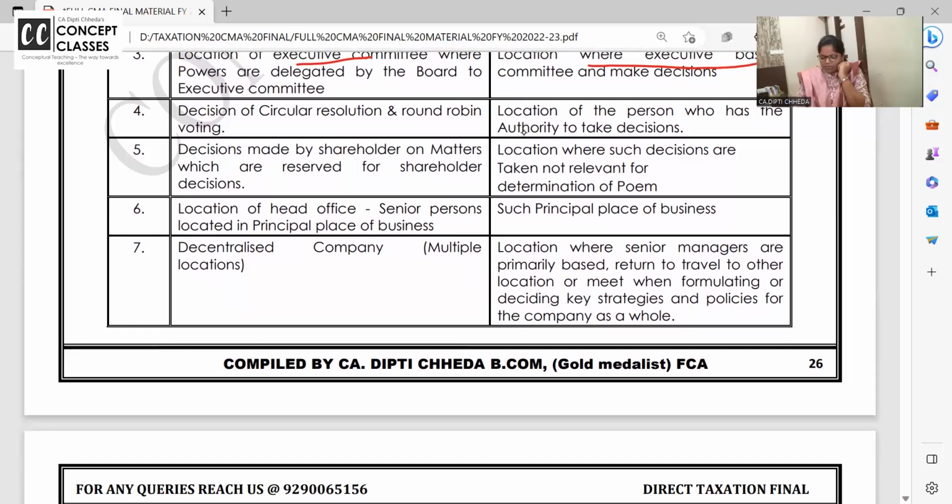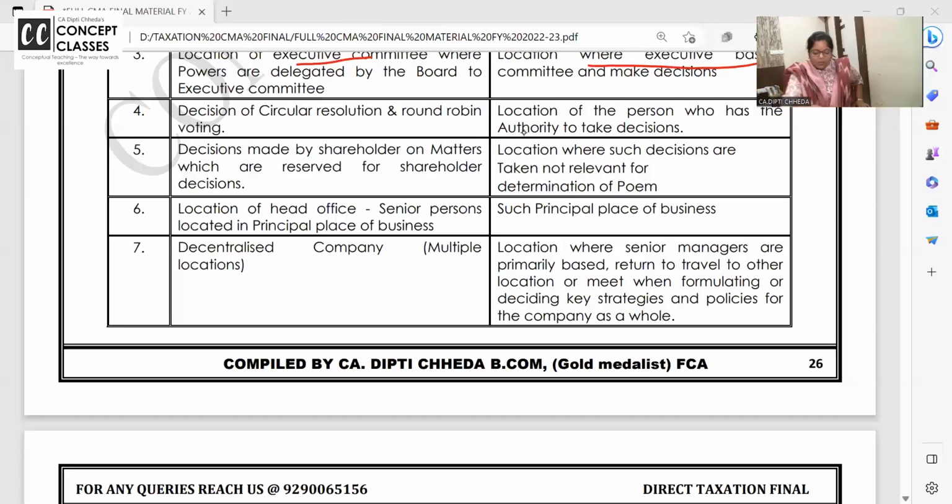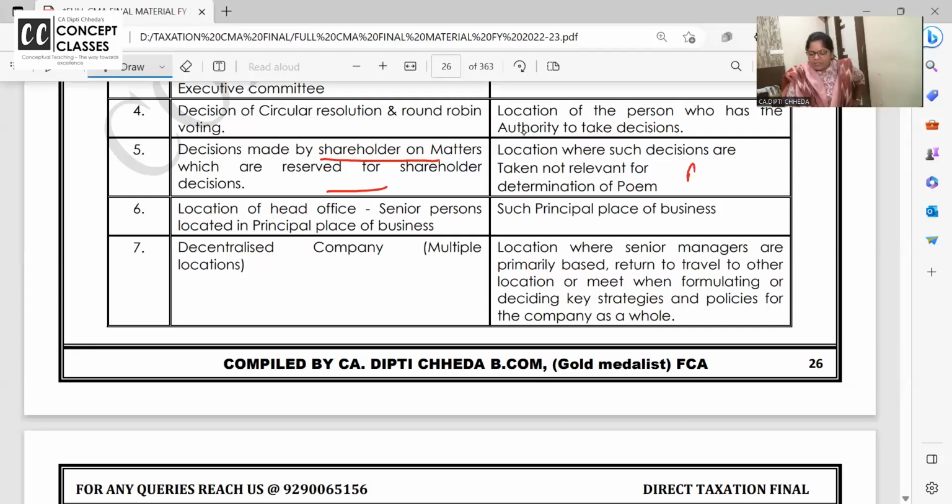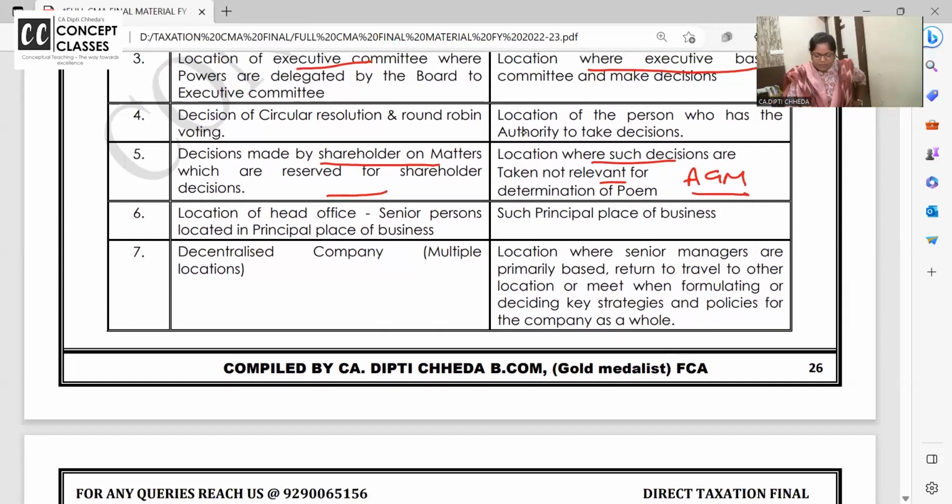Location of the head office. If it is shareholders, it doesn't matter, because all the major decisions are not taken by shareholders, na? If a decision is important, generally shareholders decide in the AGM, but this place is not relevant for control and management.